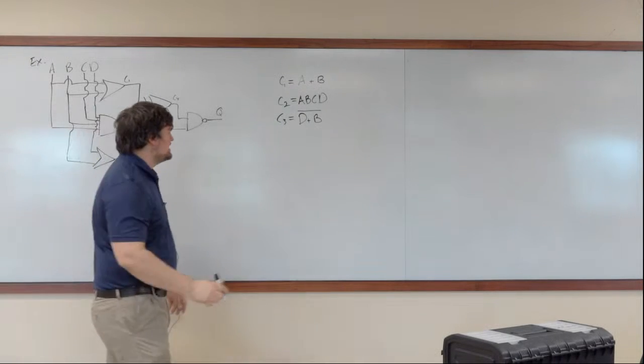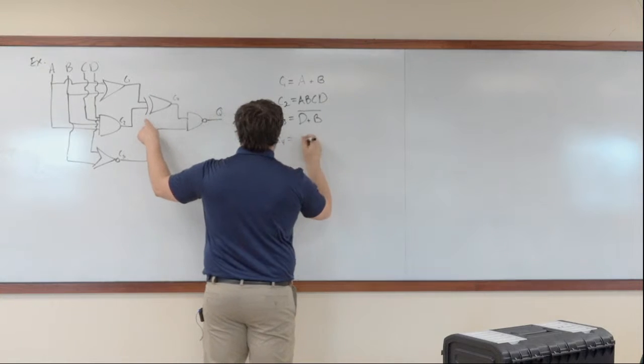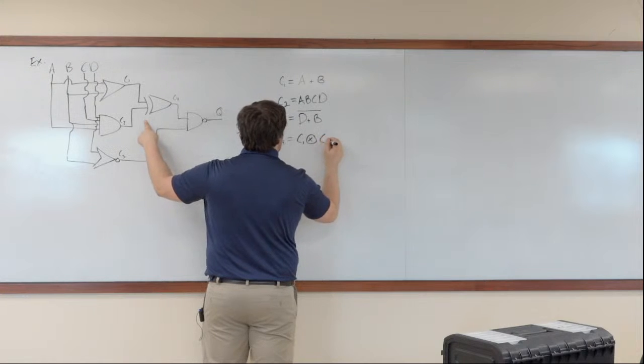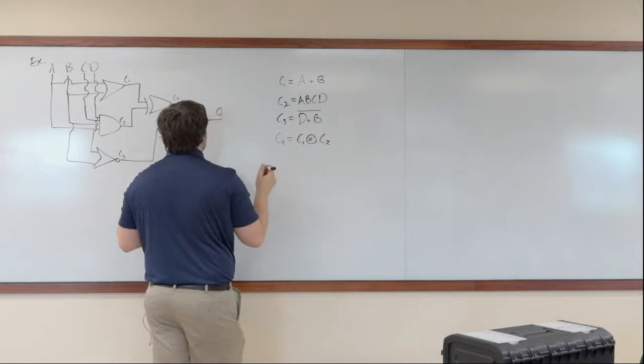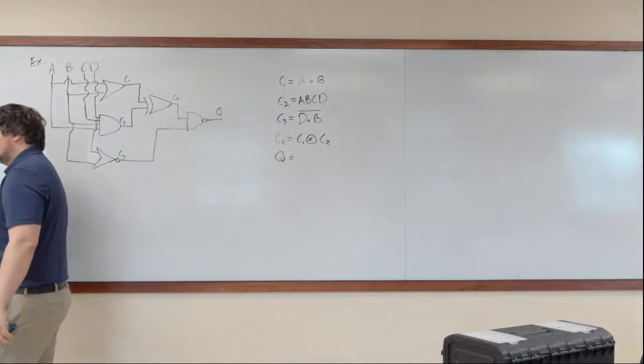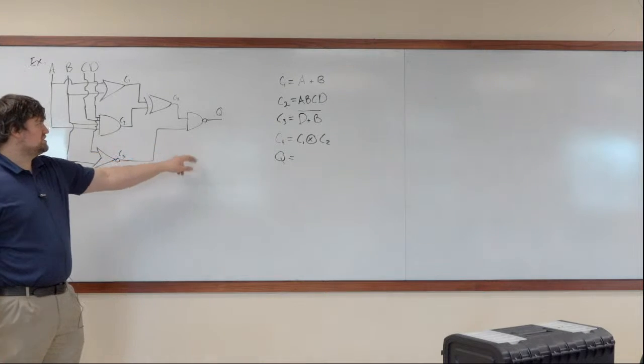We didn't talk about XOR, so I'm just going to do this one for you. C4 is equal to C1 with a circle X, C2. And then the last one is Q. What kind of gate is Q attached to? It's an AND. What inputs go into Q?